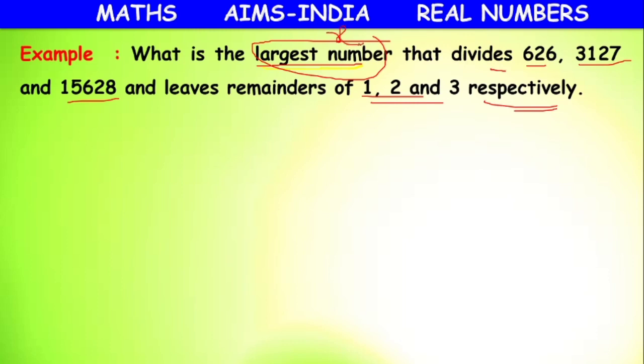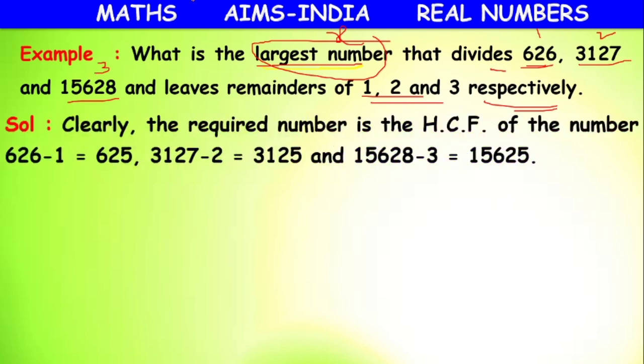Suppose it is x that divides 3 numbers separately, but while dividing, the first number leaves a remainder 1, the second number leaves a remainder 2, the third number leaves a remainder 3. Such type of number we have to find.